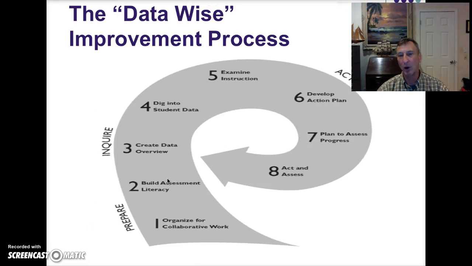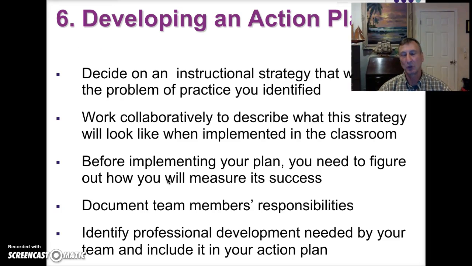The overall part of this is, as you see, it fits in with develop the action plan, plan to assess the progress, and then act on the changes and assess what has been done. So in this particular case, we're looking at instructional strategy that would solve the problem that you might have identified.